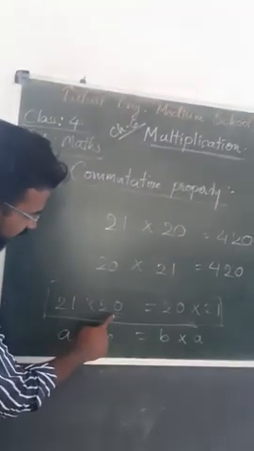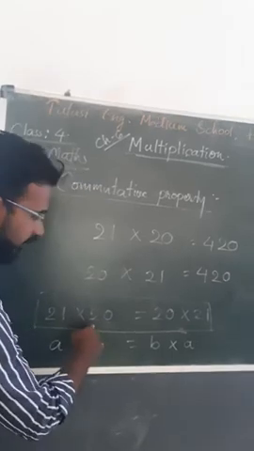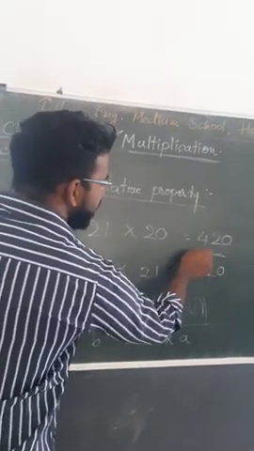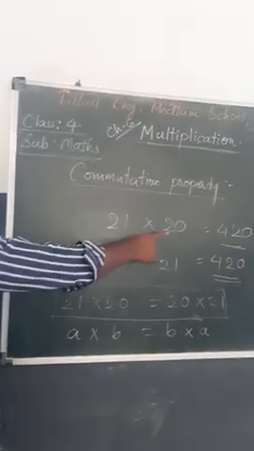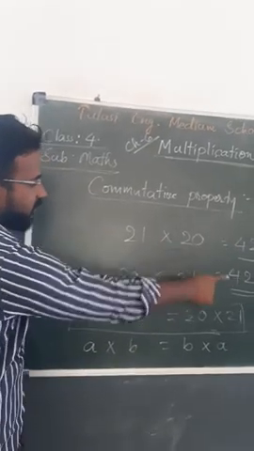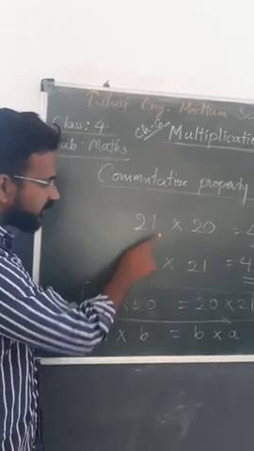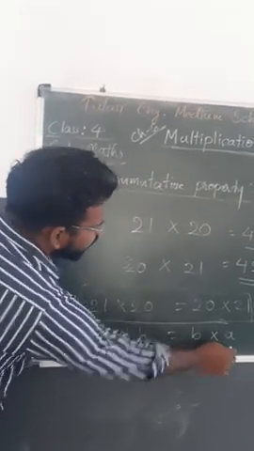See, 21 and 20, here 20 into 21. The order is changed but the result is the same. Here we got 420, here also 420. Any number we can take, 3-digit or 4-digit, the result will be the same. When we change the order, nothing changes. In this way, A into B is equal to B into A.